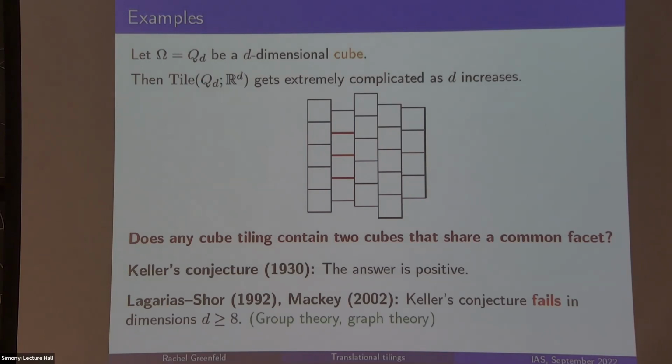The story is really fascinating, but I will not be able to tell you the story today. By the way, the conjecture is known in dimensions 1 to 7, and this is a different story, which is interesting. But I'll be able to talk with you afterwards.